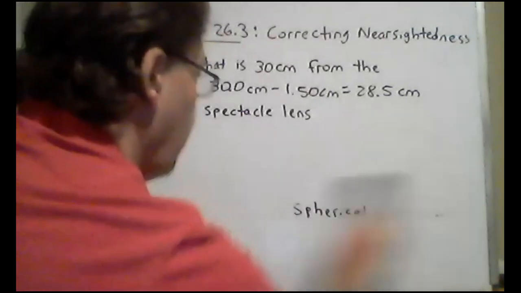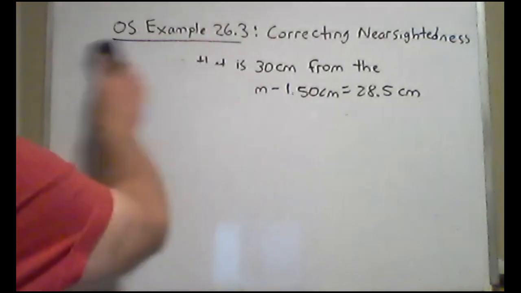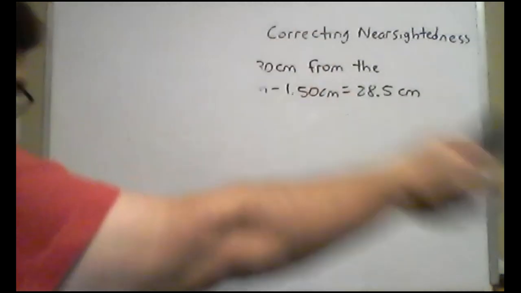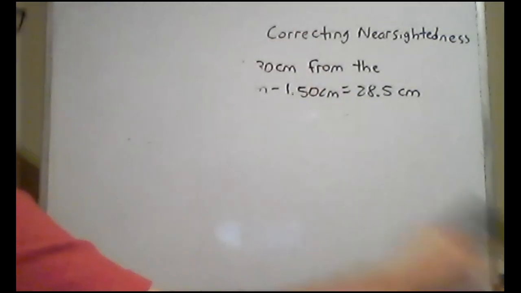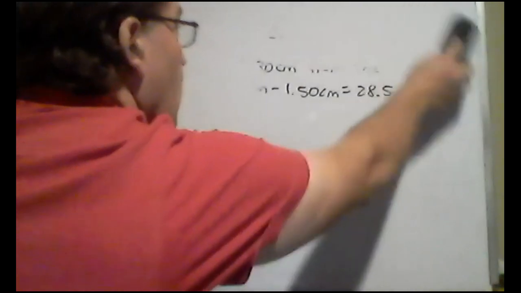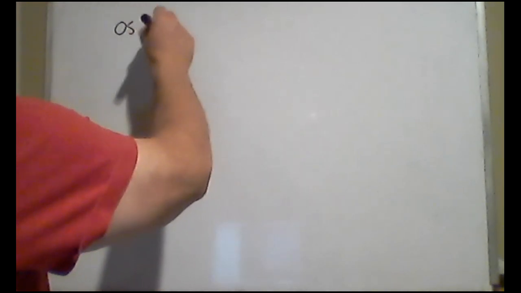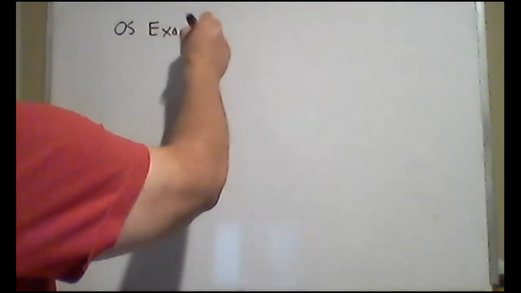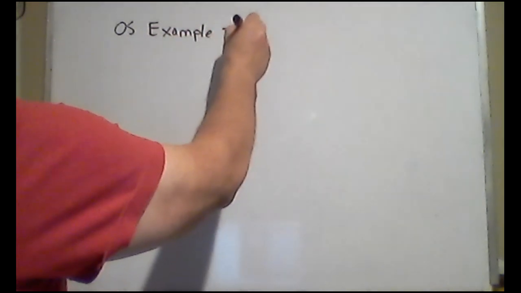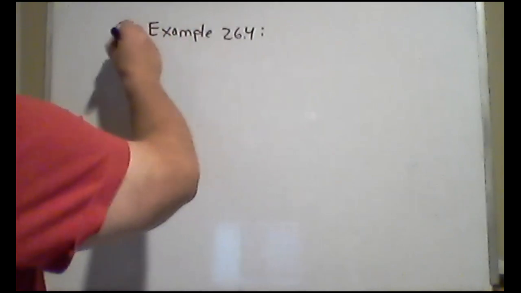Okay, so correcting farsightedness is a different problem. And this will be OpenStax example 26.4. All right, OpenStax example 26.4. That example is about correcting farsightedness.